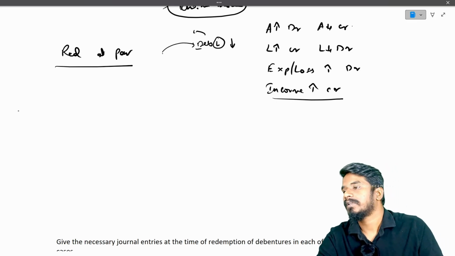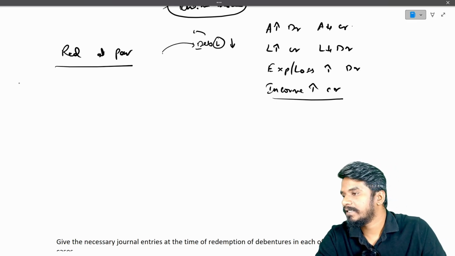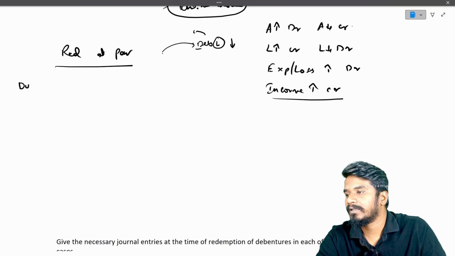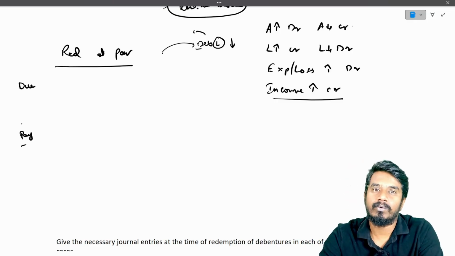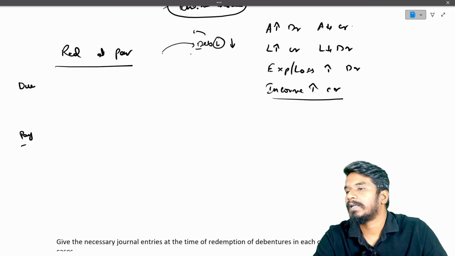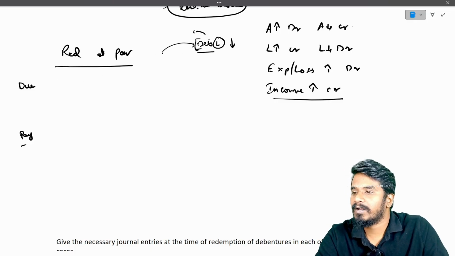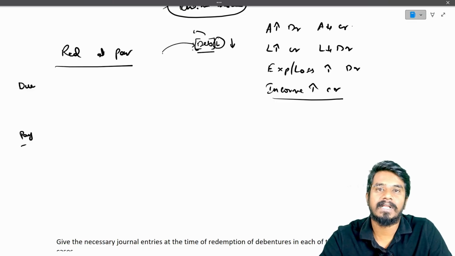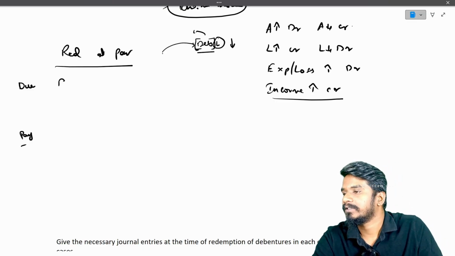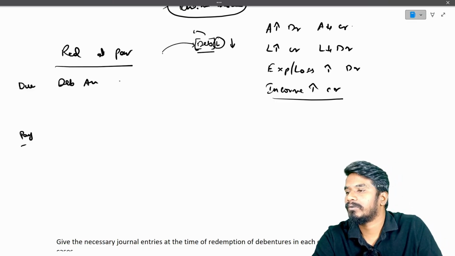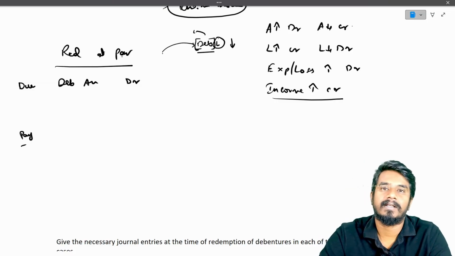Now we have two things here. First, we will make it due, then we will pay them. At the time of due, obviously this debenture account will get debited because the liability is decreasing.